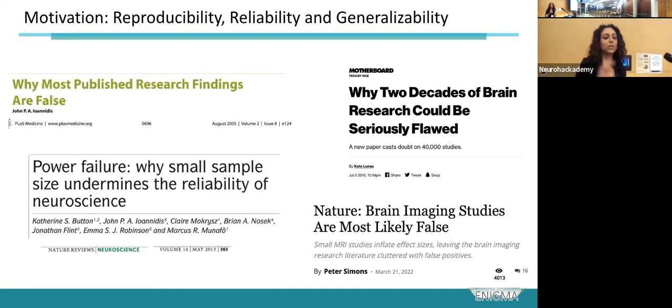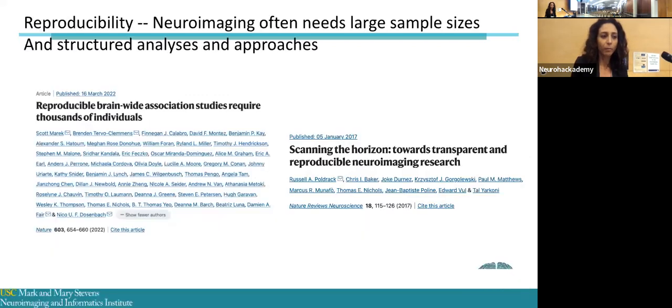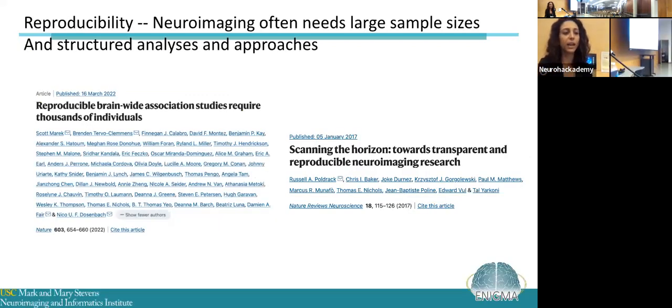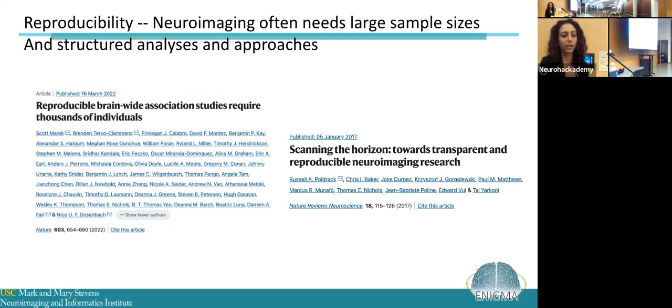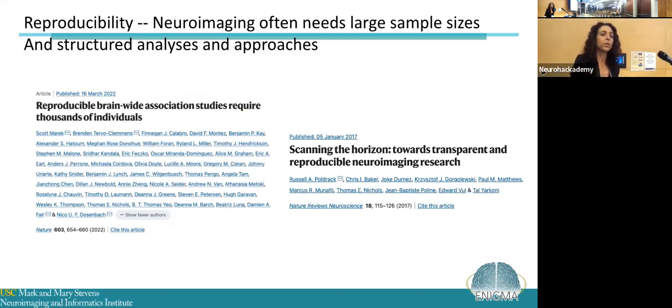But really, there's been so much emphasis on reproducibility recently, reliability of results, how a lot of our published findings really don't cut it. Maybe they don't replicate, they don't reproduce. And we've seen how many reproducible neuroimaging studies actually need tens of thousands, maybe more, individuals in the study. And there are also requirements for structured analyses and approaches that can help facilitate reproducibility.